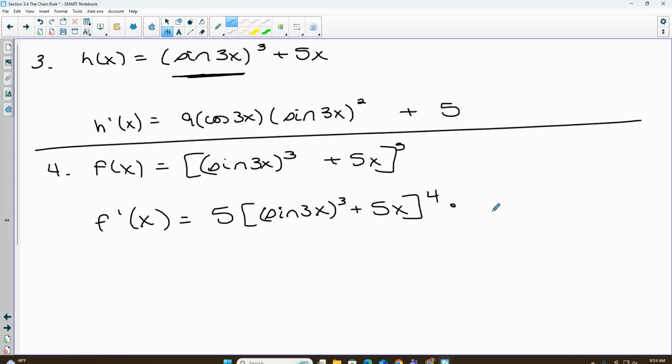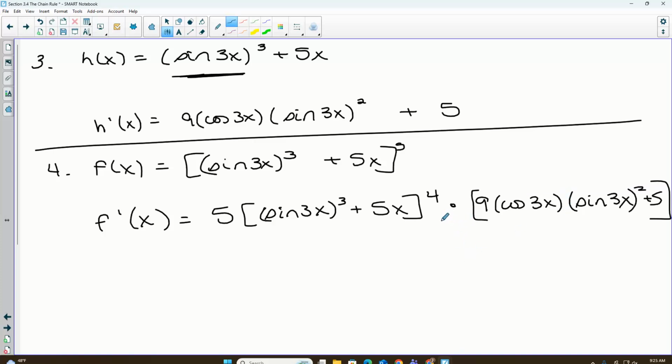But what is the derivative of the inside? Oh, is it the answer we got on problem 3? As far as simplifications there, you could distribute the 5 through that second parenthesis if you chose to, or you could leave it like this.